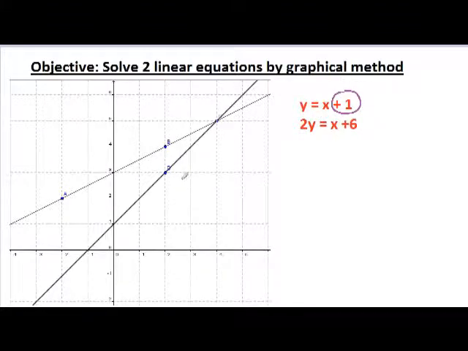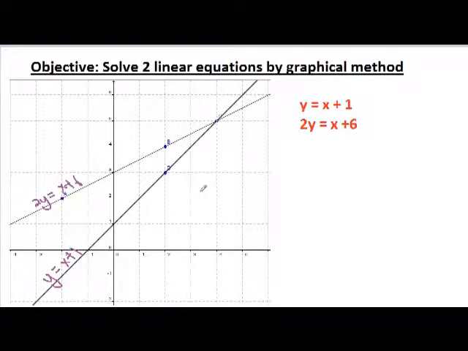So it refers to the line that passes point D. So this is the line y equals x plus 1. And of course, the other line refers to 2y equals x plus 6.